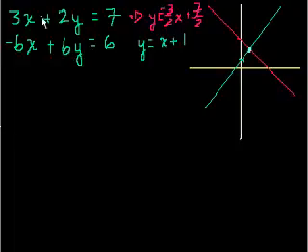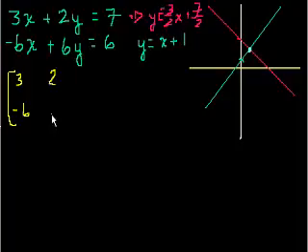So how can we represent this problem as a matrix? Well, we could write it like this, and we'll take out a little time to prove to you that it really is the same representation if you define matrices the way we have defined them in their multiplication. You can define this problem as 3, minus 6, 2, 6.